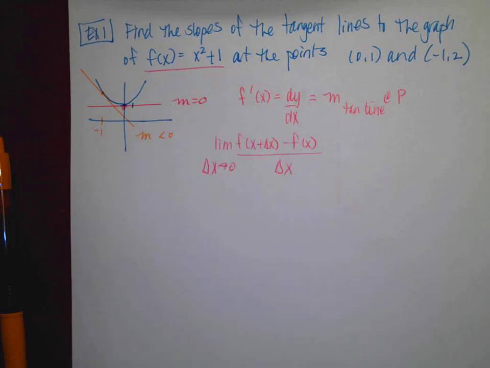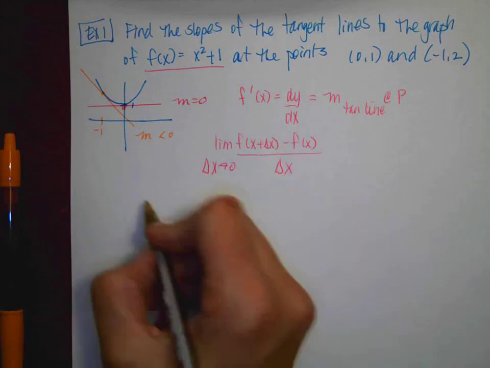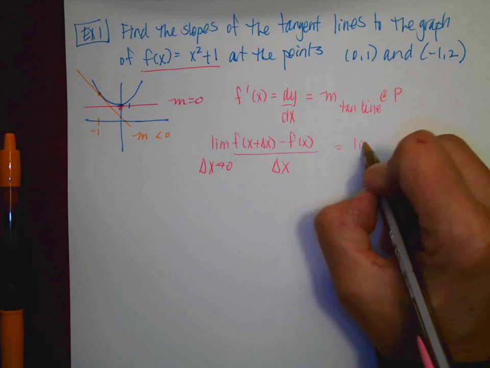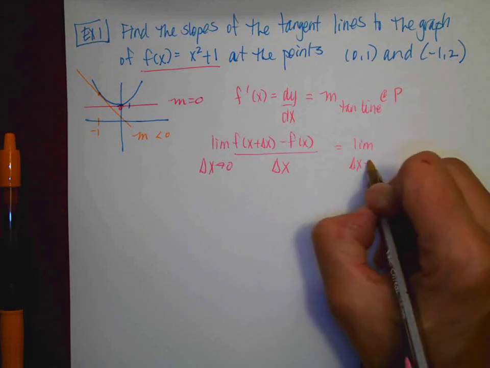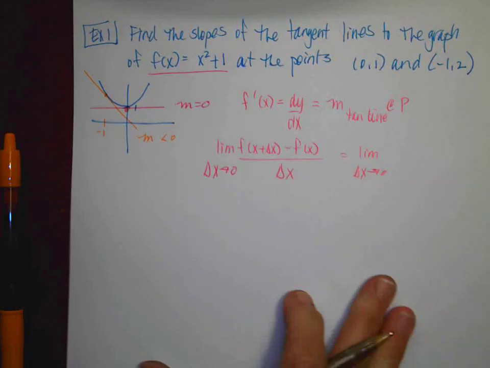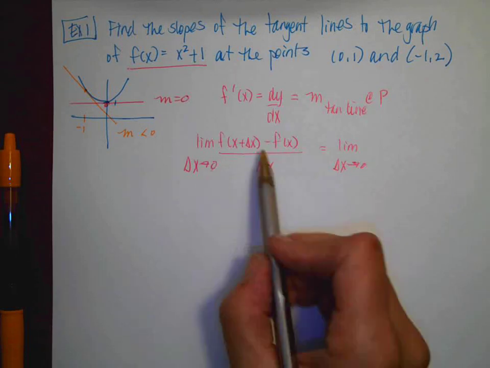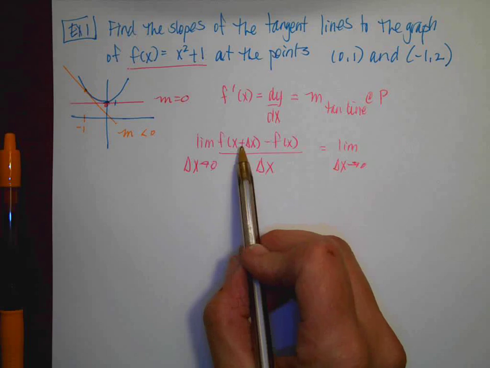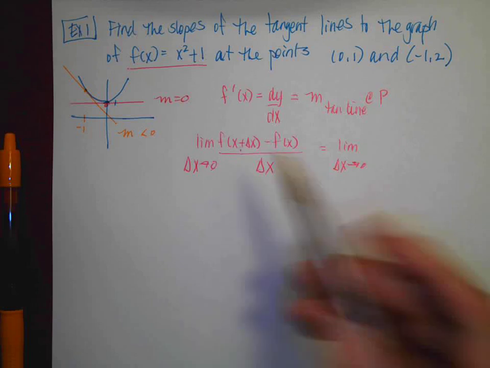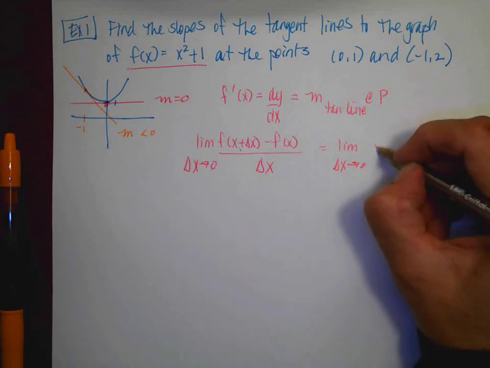So I'm going to start this process with my function. So I'm going to do this math. So this is going to be the limit. The unfortunate thing about solving a problem with a limit is that I have a lot of notation to write up. So the first thing that I'm going to do is I'm going to evaluate the function at x plus delta x.